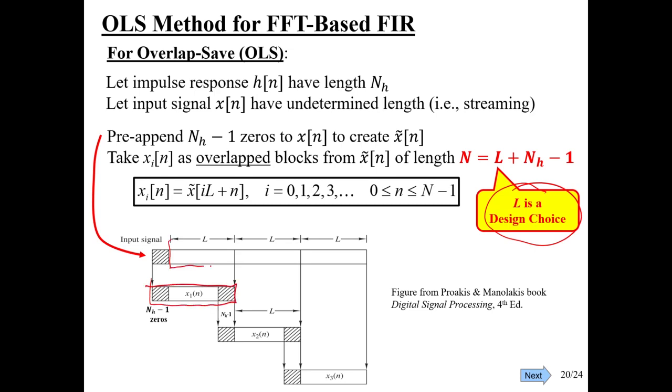It's the length of the new samples that are coming in. So our second block has L new samples and NH minus 1 old samples. So the actual block size is L plus NH minus 1. Okay, so that's our definition there. And that's what we're calling N.